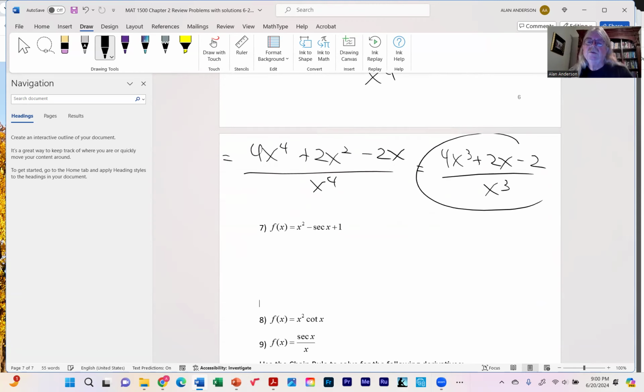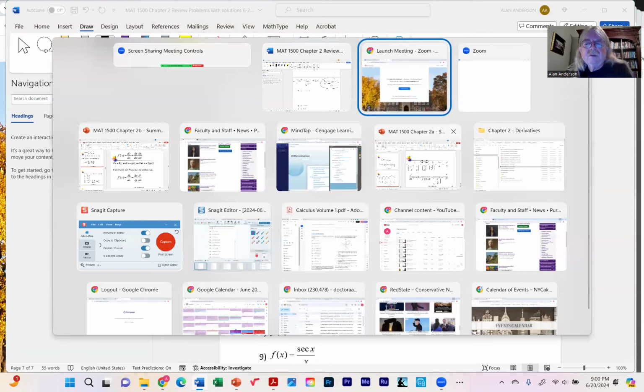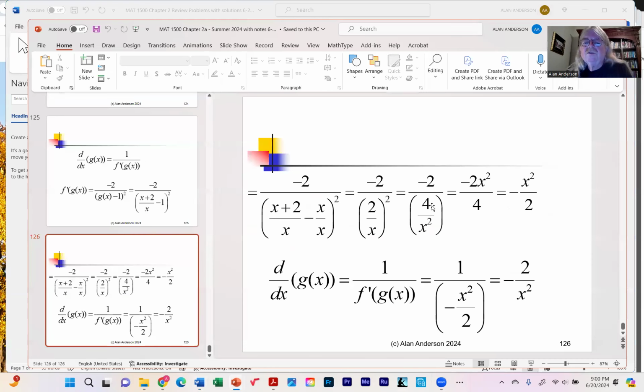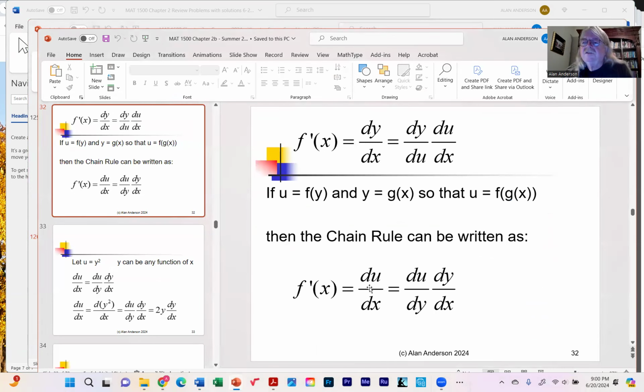Now, oh, look at this. We have some trig functions. Now, in the slides, even though I didn't put them all right next to each other, all the trig derivatives are listed in 2b. I looked through the book. I wasn't able to find a chart.